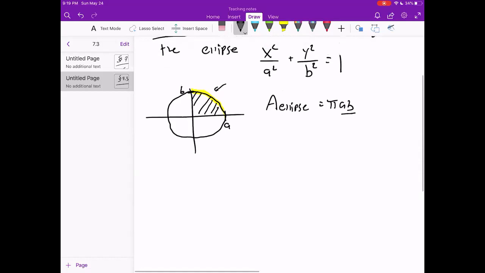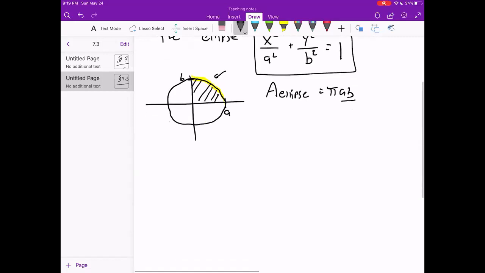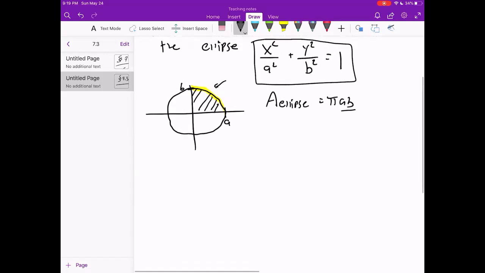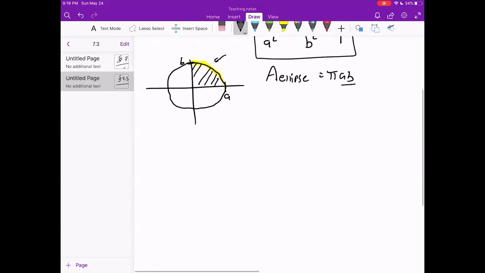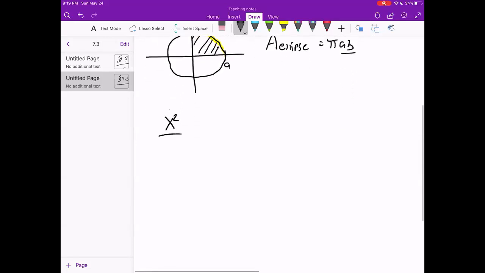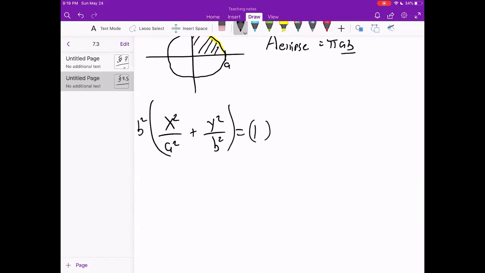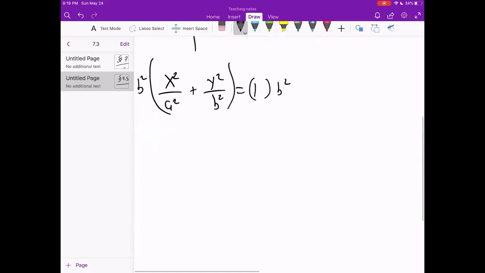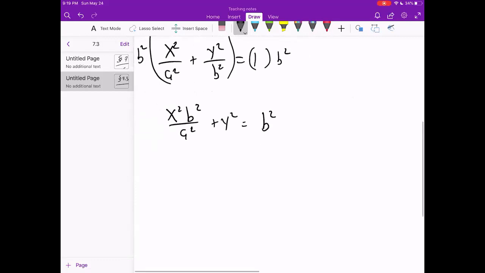All right, so we want to solve our equation here for y, and then we're going to find the area under that curve. So let's go ahead and do that. So we have x squared over a squared plus y squared over b squared is equal to 1. Multiply both sides by b squared. So I'm going to get x squared b squared over a squared plus y squared is equal to b squared.